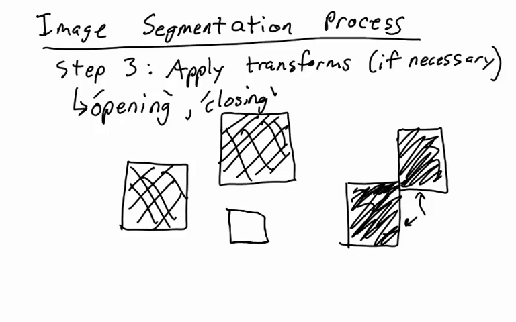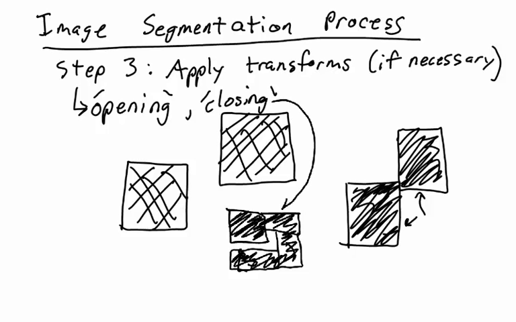Perhaps your single square that you want to identify as a single object looks like the image that I'm drawing right here, with some white pixels in the center that you don't want to be there. In this case, you can use a closing algorithm to make each of the individual pieces of this square become expanded in order to close the gap that's inside the object.